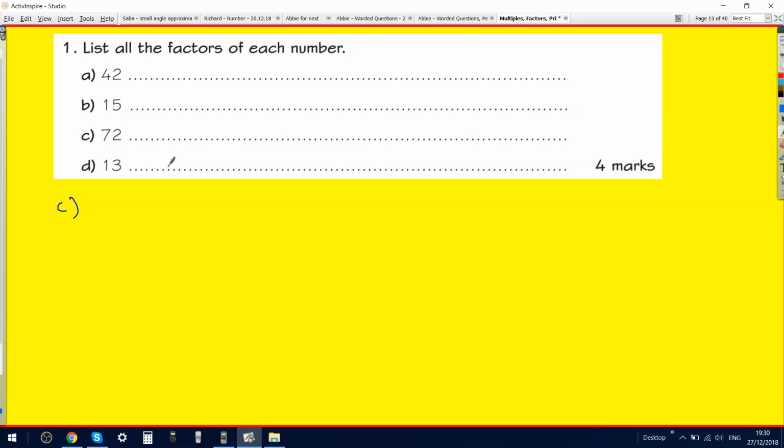Well, 1 times 13 for a start. Anything else? No, because it's a prime number, so it's only got itself and 1. Okay. And 72.